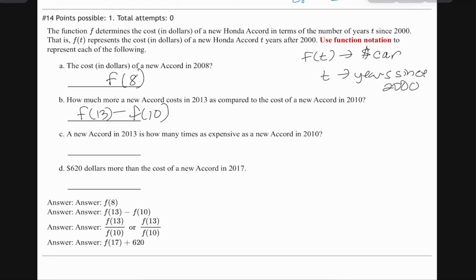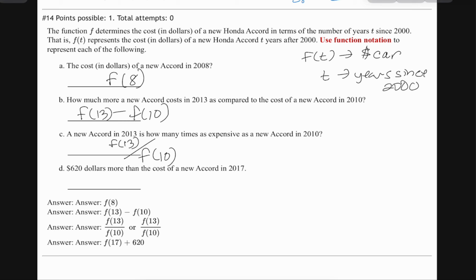So that is just the function at 2013, so 13 years later, divided by the function at 2010, or 10 years later. If you don't use the little yellow box for your input, you may need to put parentheses around those things. Be careful.